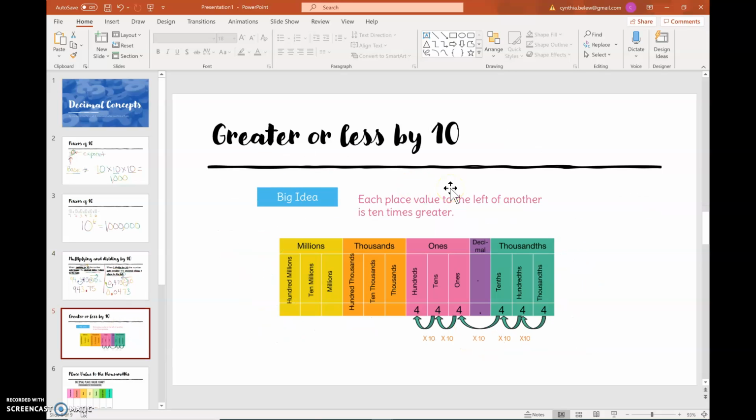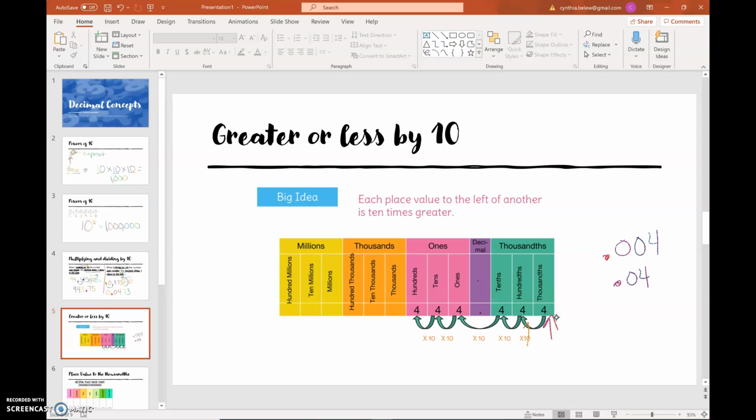So the big idea with this is that each value place to the left of the other one is 10 times greater. So if I have 4 thousandths, that would look like this, decimal 004. And I go to the left. If I multiply it by 10, I get 4 hundredths.